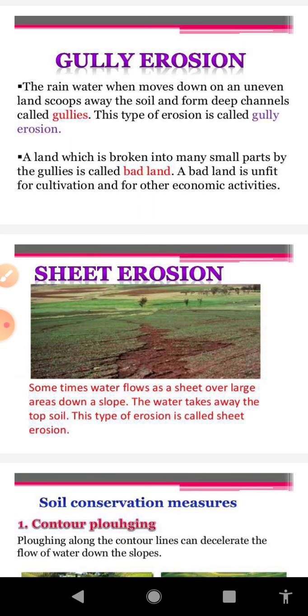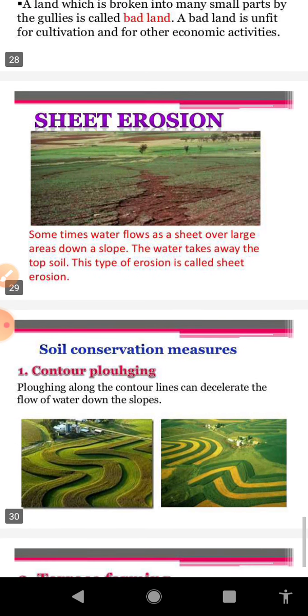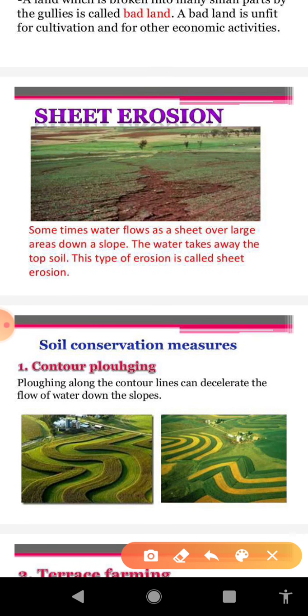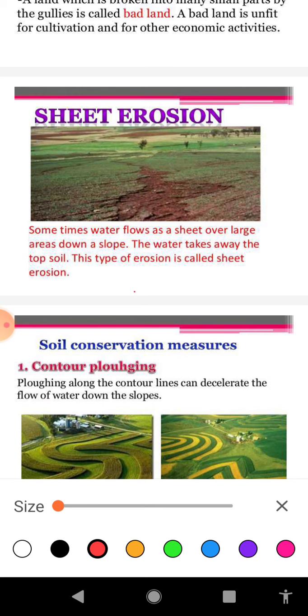If you are getting the question, what do you mean by soil conservation and what are the steps that can be taken to control soil erosion? So what is soil conservation? In very simple sentence, the process by which fertility of the soil is protected and removal of soil is controlled is known as soil conservation.